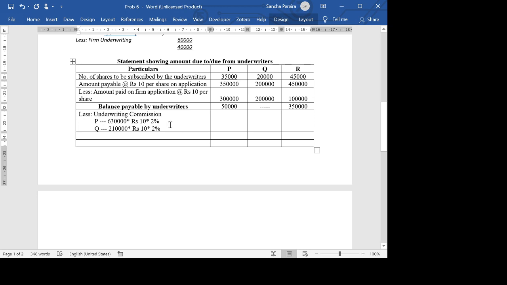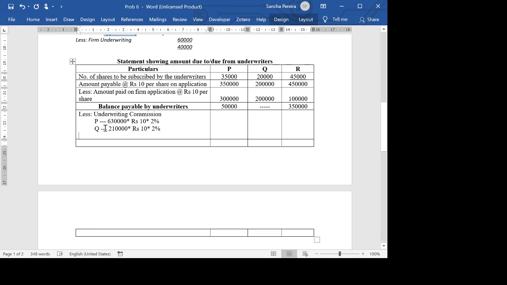So 2,10,000 into 10 into 2%, and similarly for R, 2,10,000 into rupees 10 into 2%. If I do the calculation here, for P I will get 1,26,000. For Q, the commission will be 42,000, and for R also it will be 42,000.